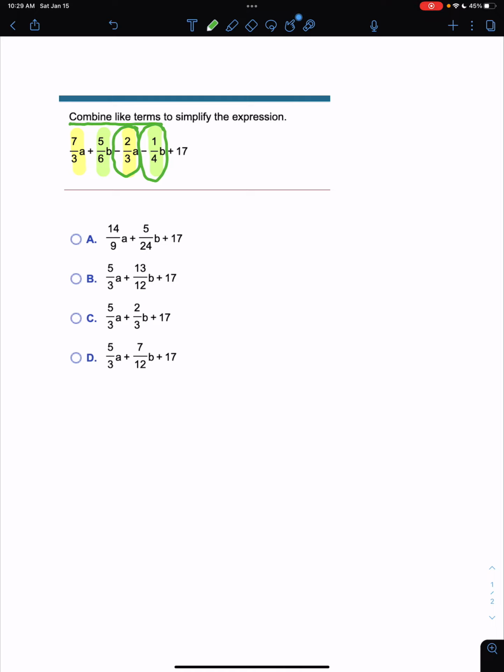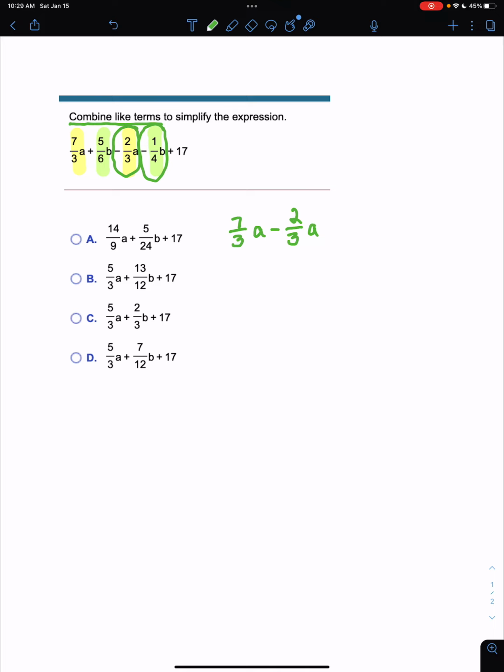So I'm going to rewrite my expression down here so that I have 7/3 times A minus 2/3 times A. And I'm going to solve that and simplify that.